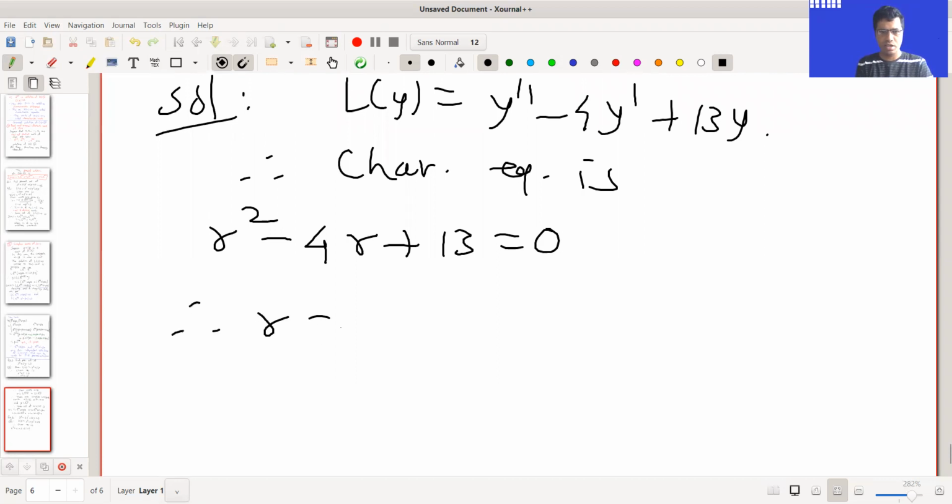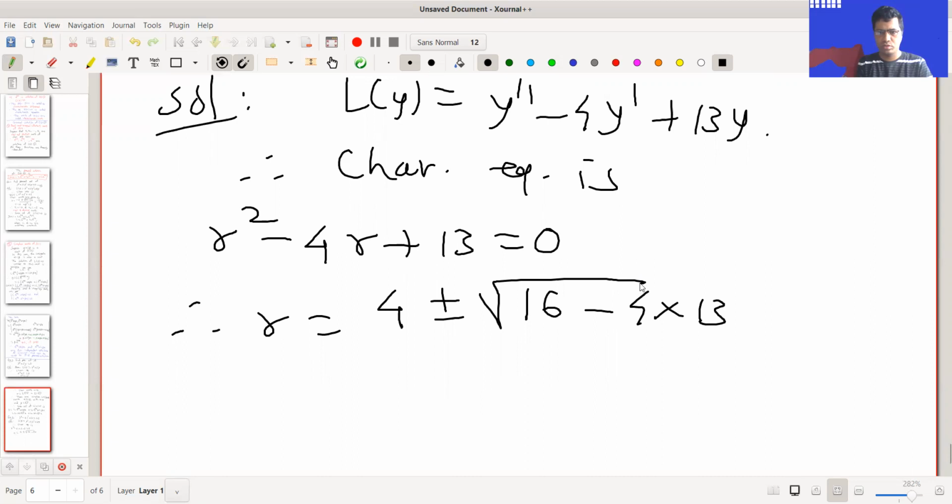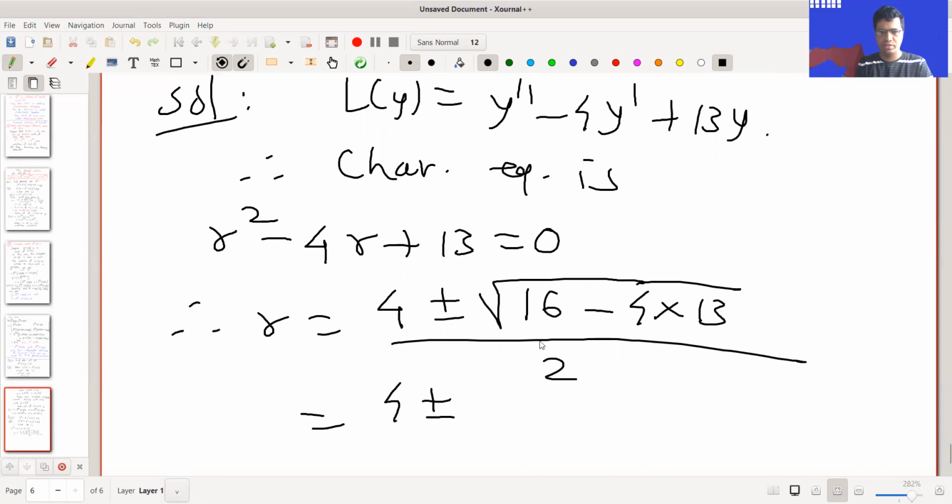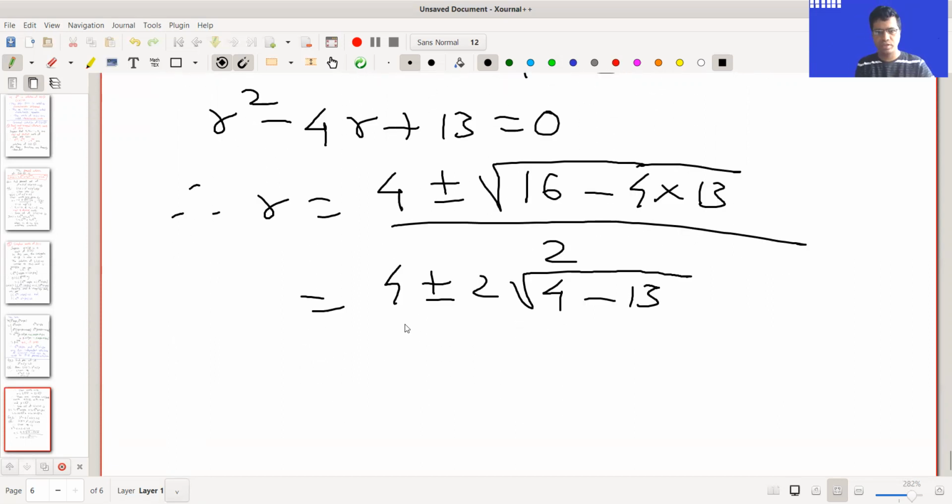Therefore r equal to minus minus 4, that is plus 4, plus minus square root of 4 square, 16, minus 4 into 13, divided by 2. From this root we can take 4 common. So this is 4 plus minus, we take 4 outside, so it is 2 square root of 4 into 4, 16 minus 13, divided by 2. And we can cancel 2 from this.